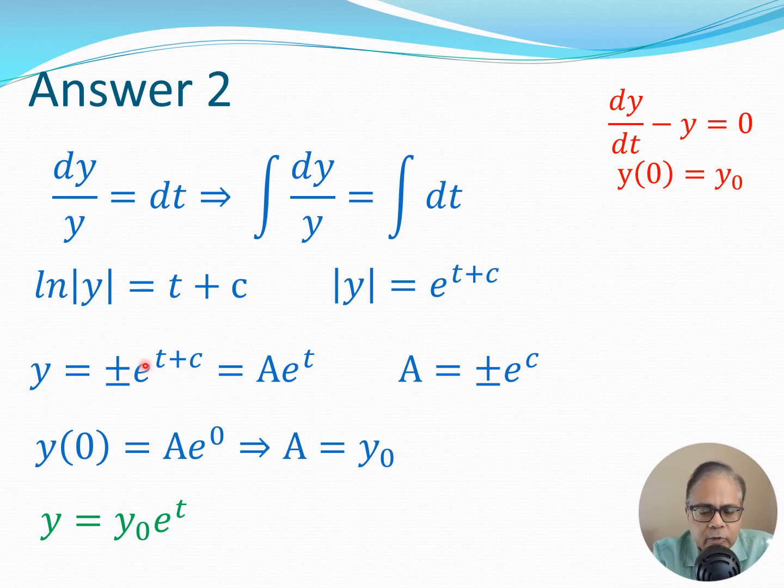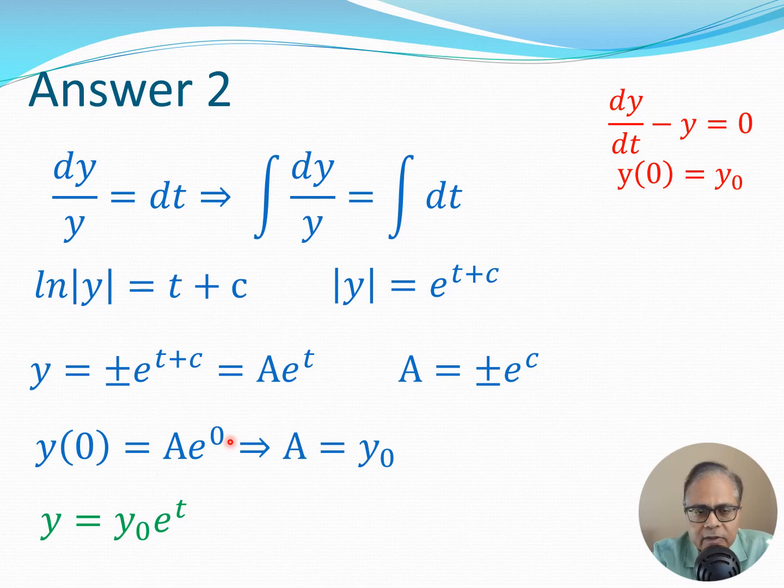Now this absolute value step, like I mentioned before, is important because log is defined only for positive values of y. So I write this solution as a e to the power t. Now here a is defined as plus minus e to the power c. So what we can now do is we can figure out a by putting in the initial condition.